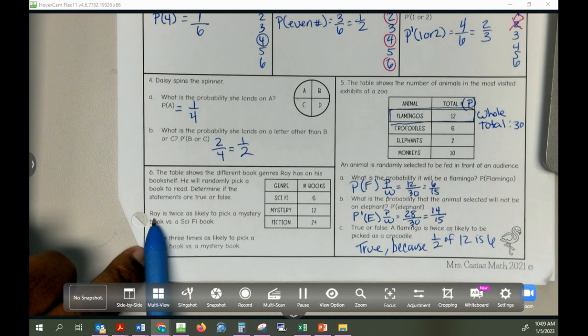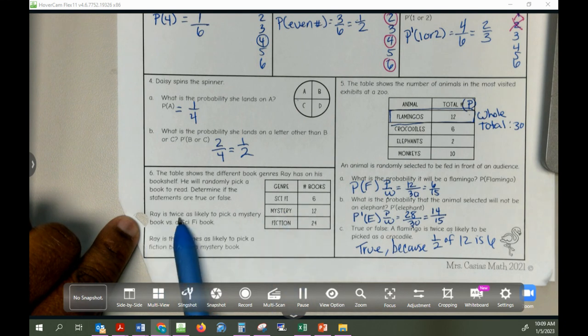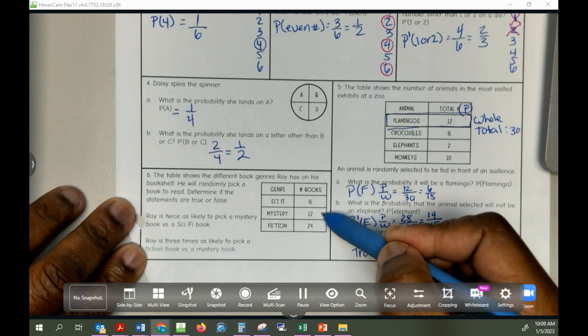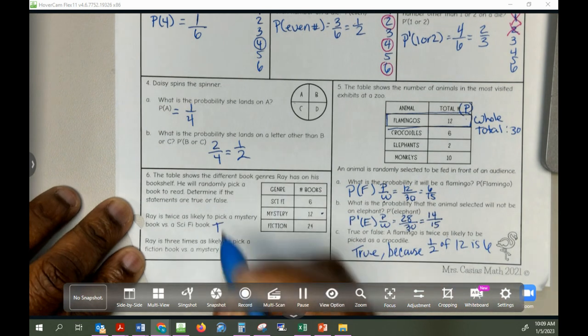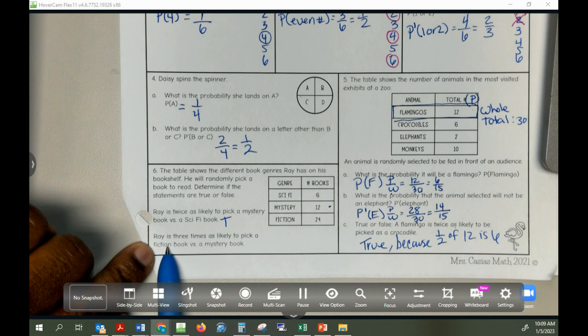Okay, Alan, tell us. Is that true or false? So Ray is twice as likely to pick a mystery book than a sci-fi, and you're saying it because it's doubled, right? Okay, true. Okay, so do you have the last one?